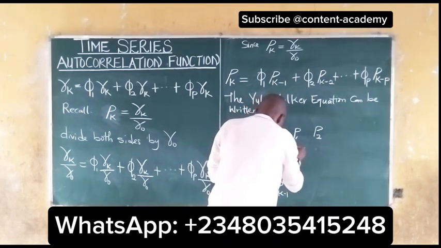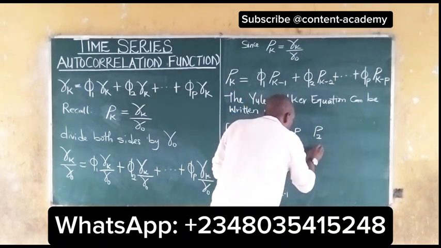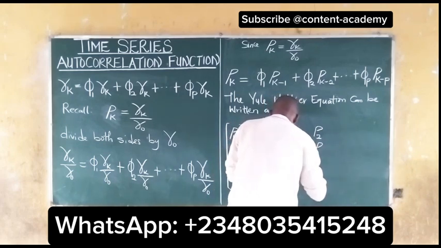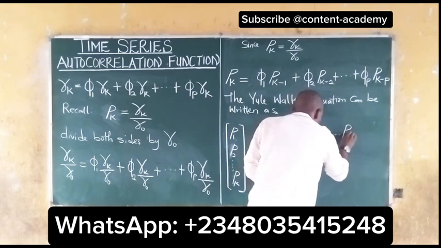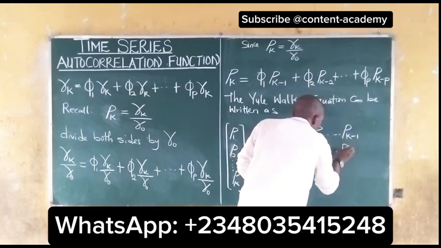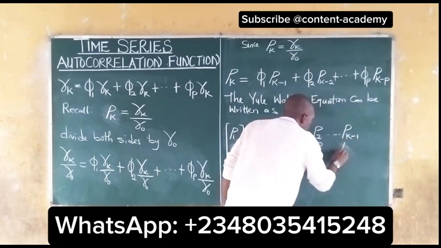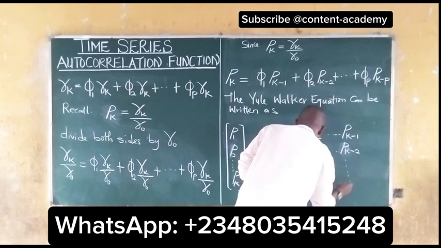This one here we can write as 1 because we have a diagonal here. Also, we have this, and it continues to give us rho k minus 1, rho k minus 2, and it continues.